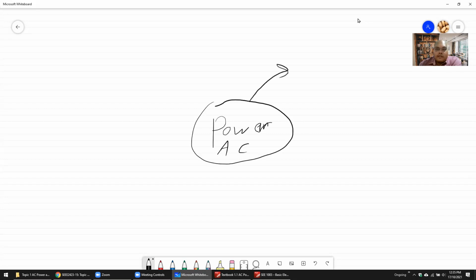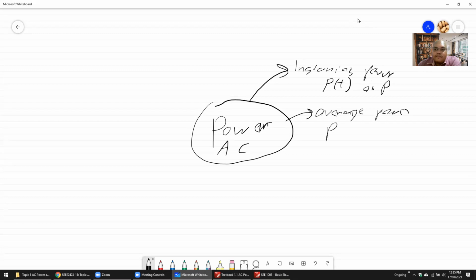Remember you learned about instantaneous power, denoted by small p(t), and then average power, capital P, or sometimes we call it real power. So you already learned these two.